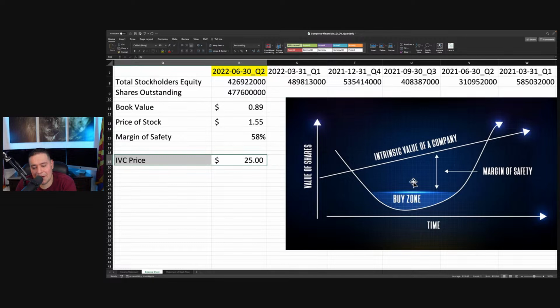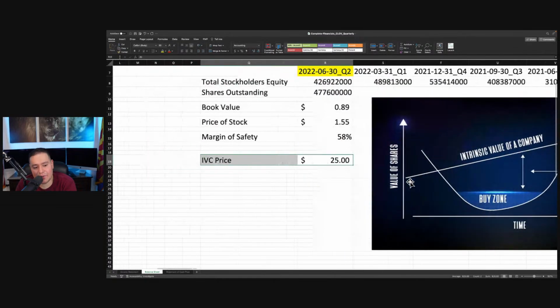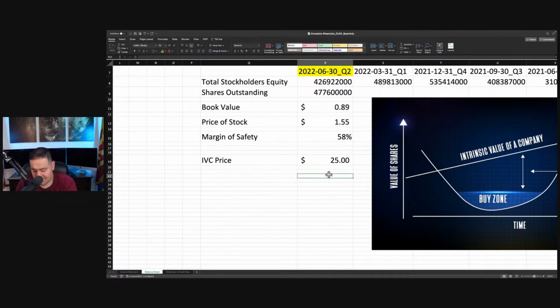What is that calculation? Just like how we took the margin of safety for the book value, the calculated price over the price of the stock, you can take the IVC price, which is $25, divided by the price of the stock. And you can see here that this is tremendous. We're talking 16-fold undervalued here.